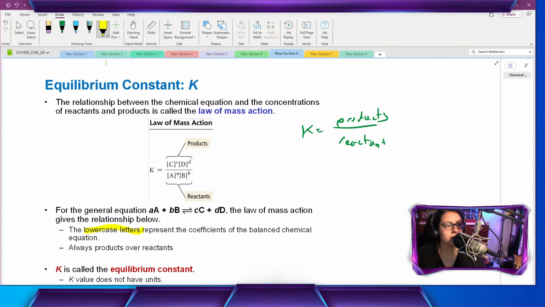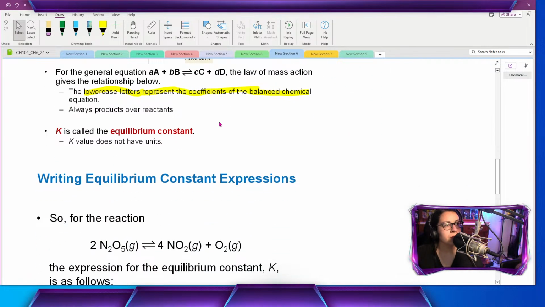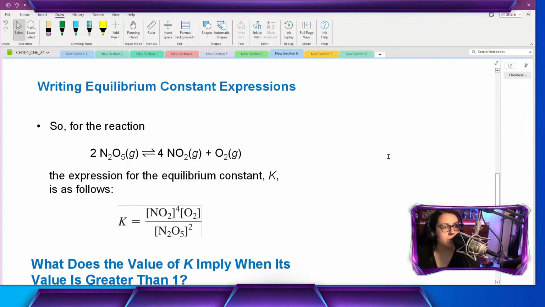So the lowercase letters represent the coefficients of the balanced equation. And this equilibrium constant does not have units, and it can tell us kind of which way the reaction favors, so products or reactants. And so let's look at this.